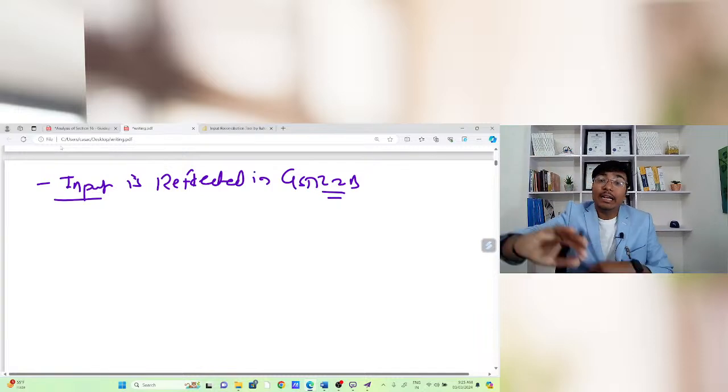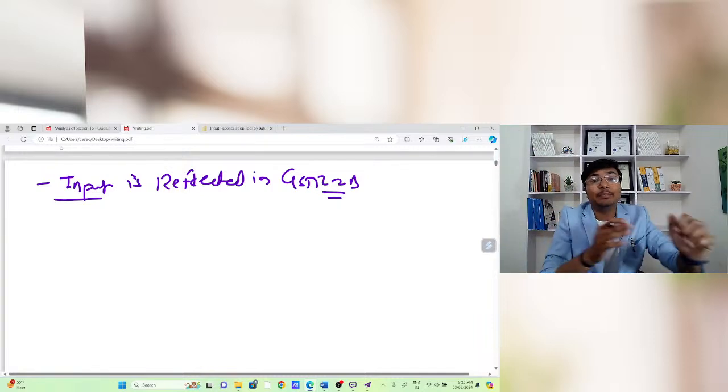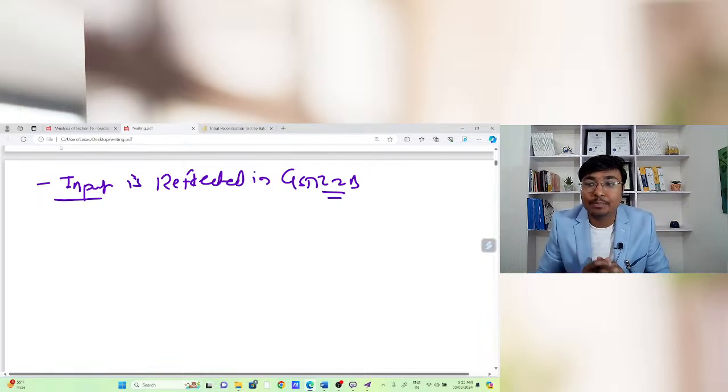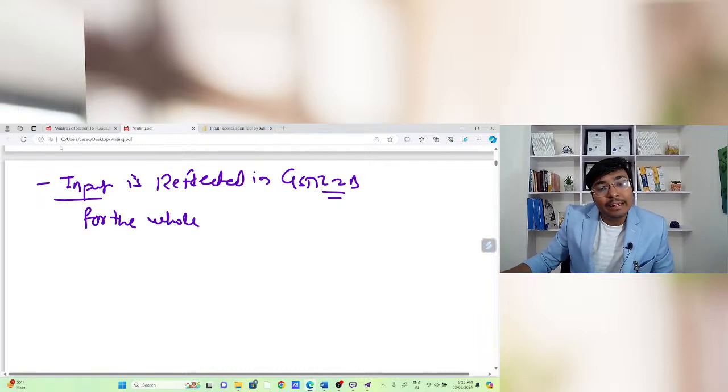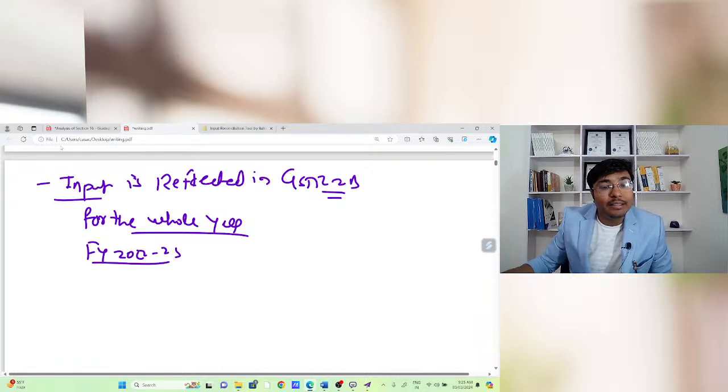Now, when you take that particular case for business audit purposes, you are going to check the cumulative input tax credit for the whole year. Am I right? You are going to check, suppose, for the financial year 22-23.